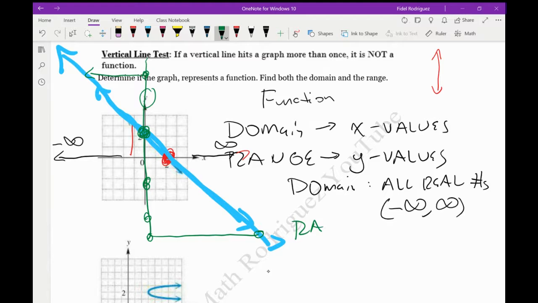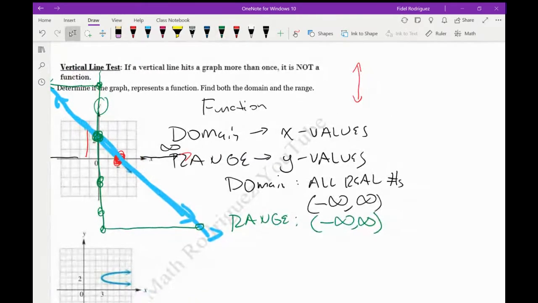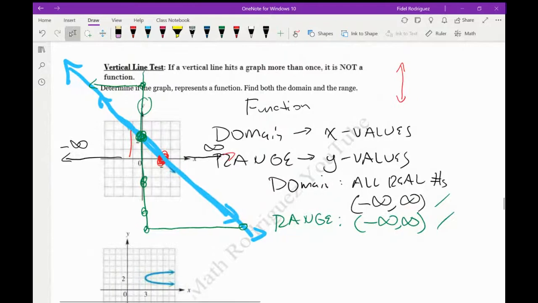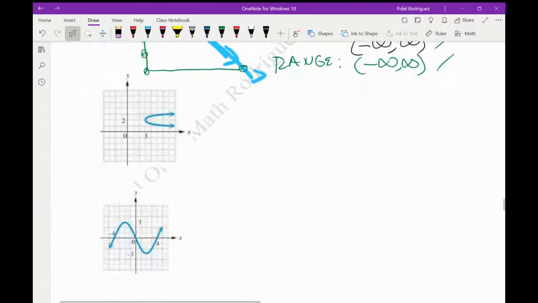So my range is also going to be all real numbers. And again, the way we write that is from -infinity to infinity, right? And so sometimes the way we do these is just write them like this, using this kind of interval notation, right? So now let me take a look at the next problem.